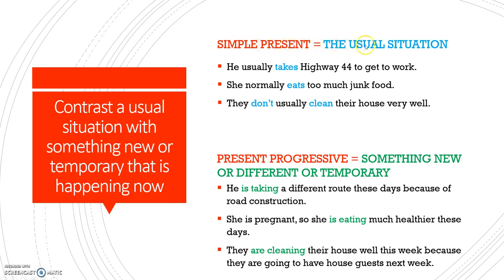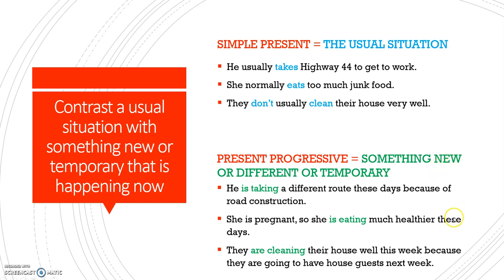Simple present, the usual situation, that's in blue, and the verbs are in blue. "He usually takes Highway 44 to get to work." "She normally eats too much junk food." "They don't usually clean their house very well." Those are their normal behaviors or the things that they repeat, things that happen often.